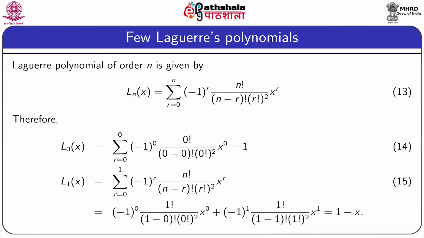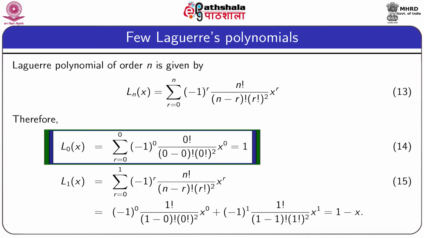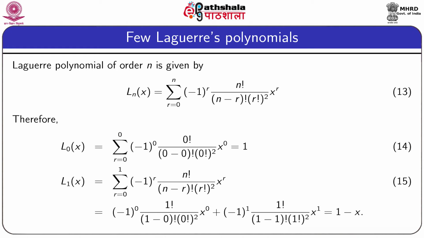To calculate the first Laguerre polynomial, we put n equal to 0 in equation 13 and we get L0(x) is equal to the summation r goes from 0 to 0, because n is equal to 0, of (-1)^0 · 0! divided by (0 - 0)! · (0!)^2 · x^0, and if you calculate this value it is equal to 1.